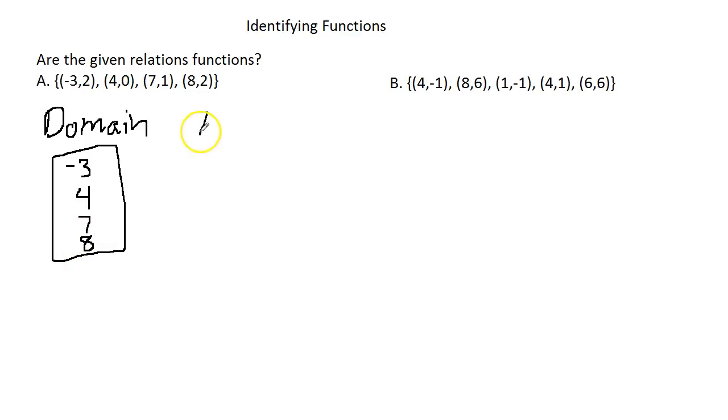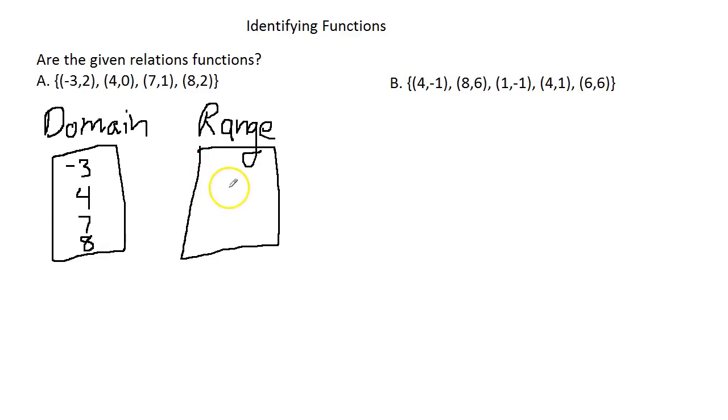And then the range, or outputs, I have a 2, I have 0, and I have a 1. I do not have to list this 2 because it repeats.